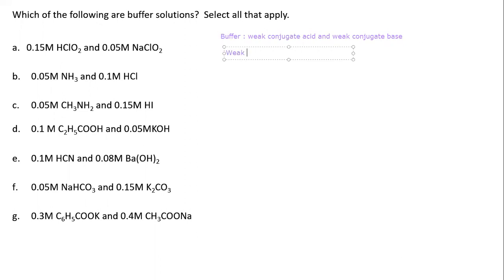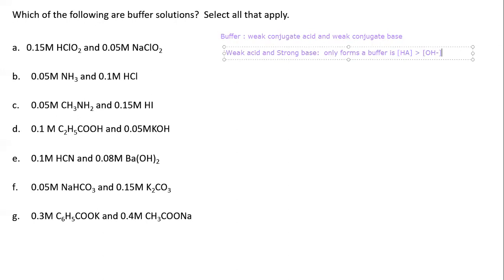So let's say we have a weak acid and a strong base. We want to know if this forms a buffer solution. It only forms a buffer solution if the concentration of weak acid is greater than the strong base. So again, the general form for a weak acid is HA.